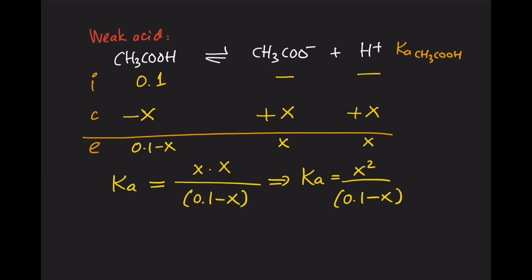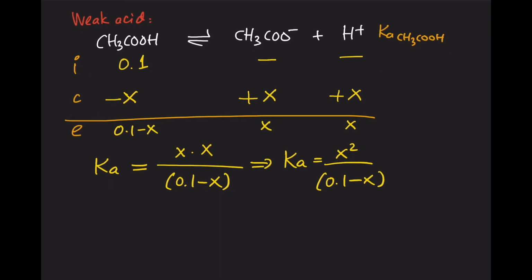Now, we will make another assumption, but you have to be careful with this assumption. When the Ka is small, in general smaller than 5% of the initial concentration, say that this is the initial concentration, I will write it down as HA, so an acid, initial concentration of the acid.